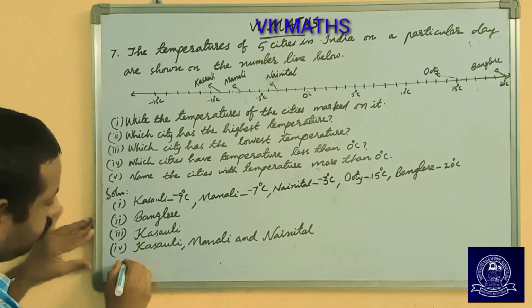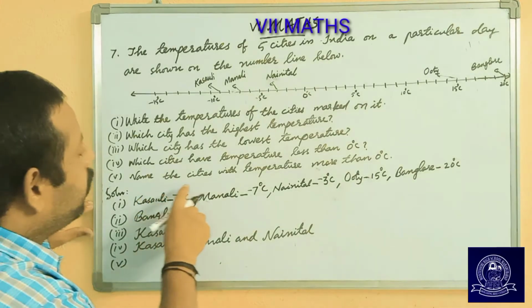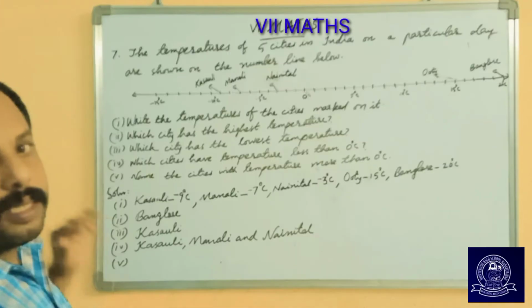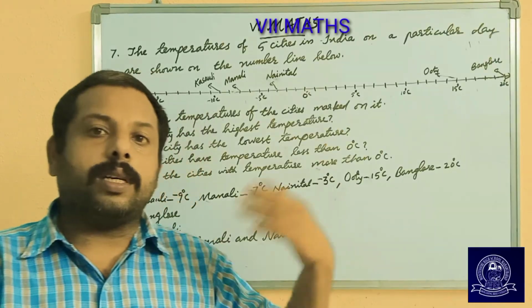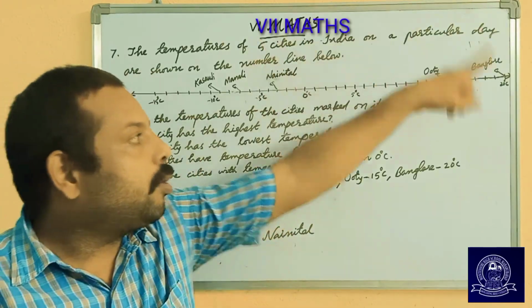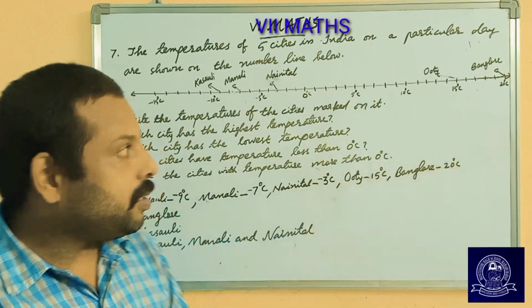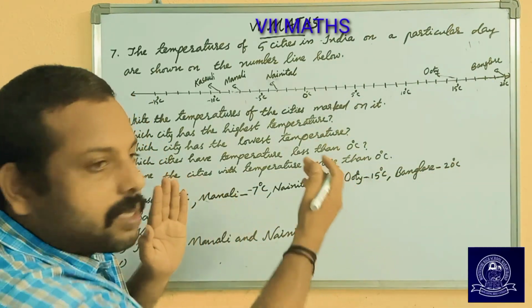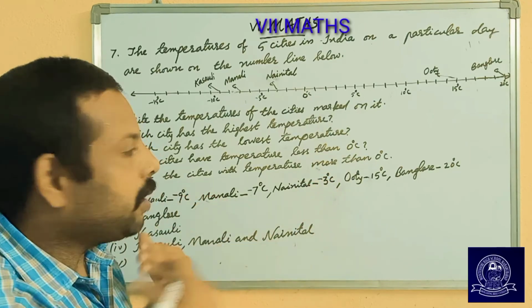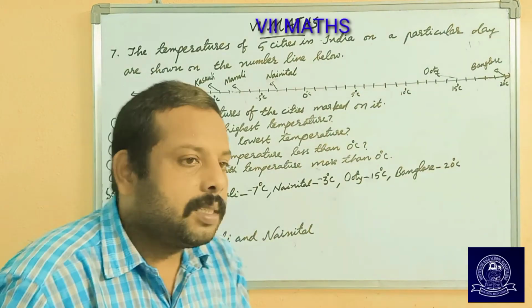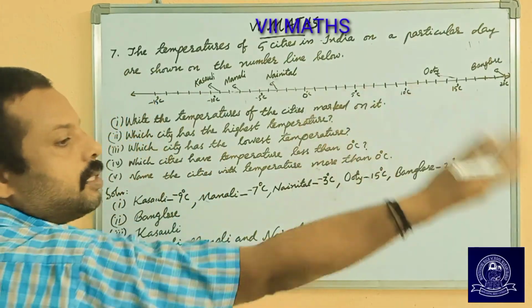Next, name the cities with the temperature more than 0 degrees Celsius. If you want to check the temperatures more than 0 degrees Celsius, you have to check right side of 0. Okay, that means when in my case I turn towards the board, my right side, that means 0's right side, we have to see, means this side.